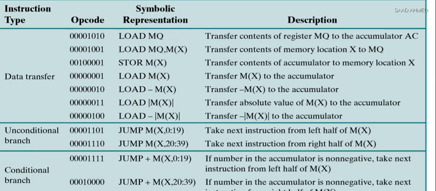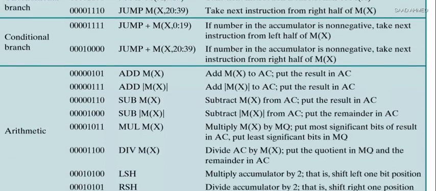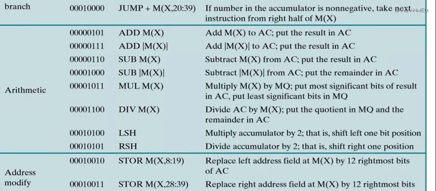Then we have these arithmetic instructions, like you can see here, the addition, subtraction, multiplication, division, shift right, shift left, and so on. And finally the address modify instructions, which can be used to modify different addresses.